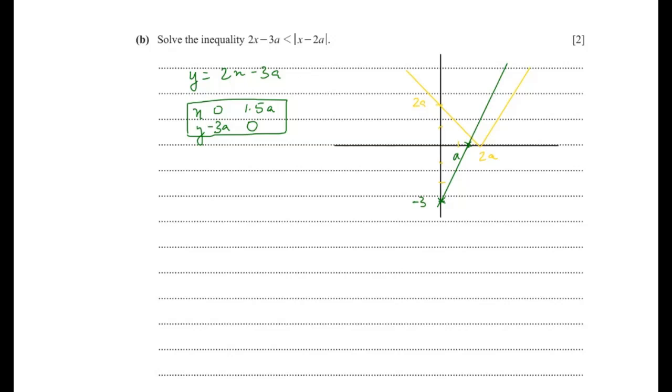And they want us to find the x values such that the left-hand side, the graph of 2x minus 3a, is less than, it's below the modulus graph. So where is the green graph below the yellow graph? So we notice in this section here, just marking that in red, from here and all the way to the left, the green graph is below the yellow graph.